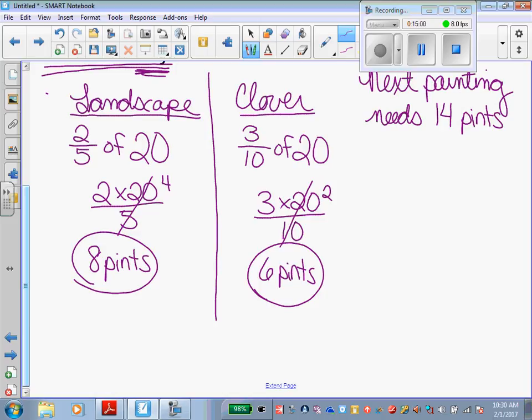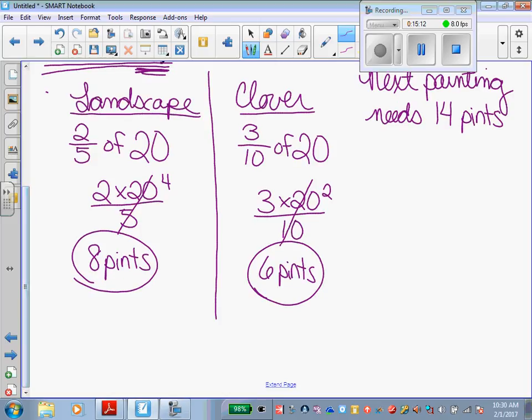No. How can I figure out how many pints she will need to buy? Maitland: First you have to do 6 plus 8. Why do I need to do 6 plus 8? To figure out how much you use. Okay, in order for me to figure out how much she has left, and then how much she needs to buy, I need to figure out how much she used altogether.